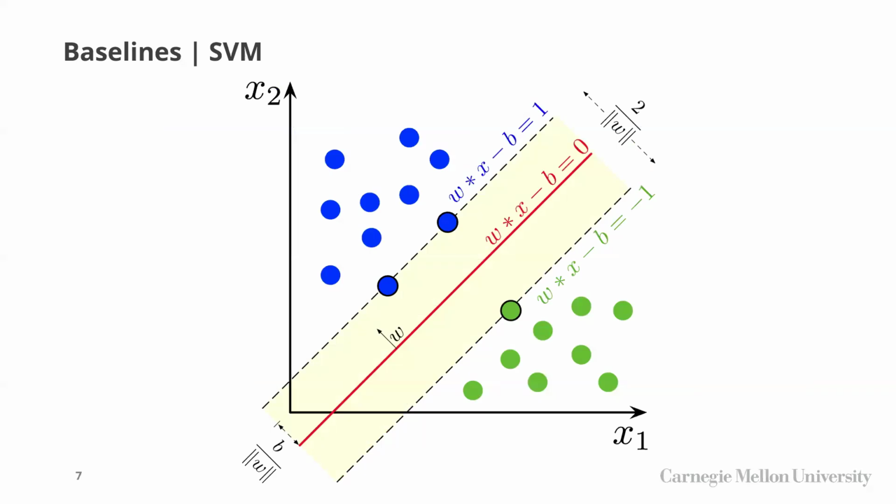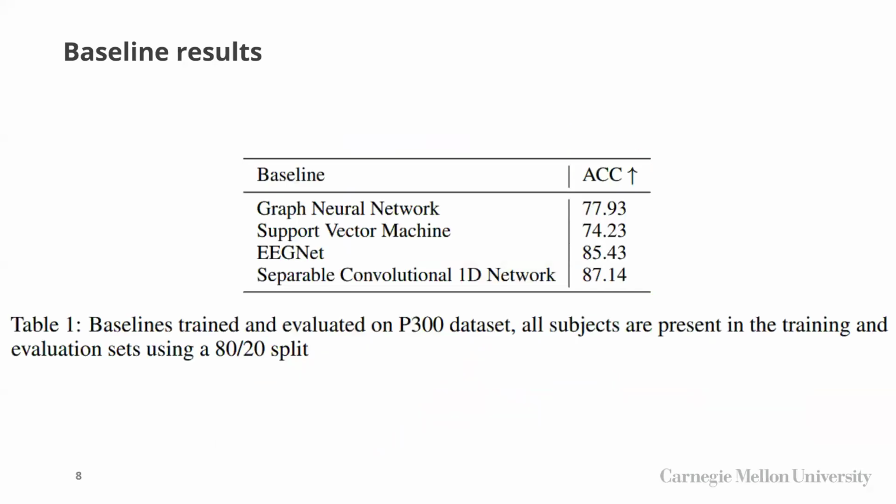For our SVM, we calculate 7 time domain features and 4 frequency domain features, and then we concatenate all of them for each channel, passing them to our SVM. These are the results, and we can clearly see that the deep learning models can learn more useful representations than the other two baselines that we have.